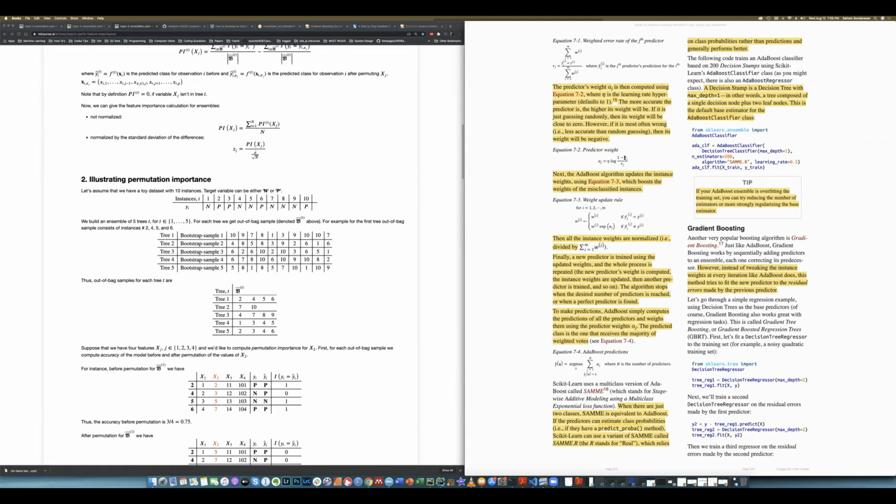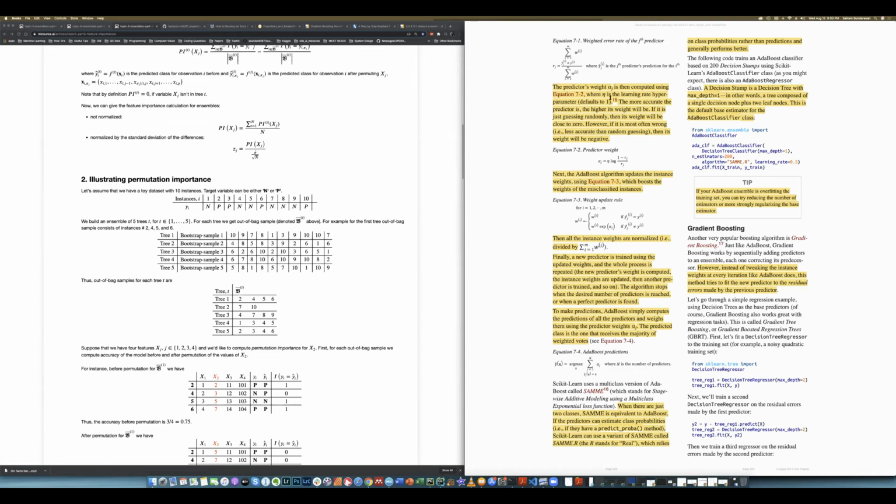Whereas if my predictor was making mistakes all the time, this would be a very small number, meaning that this predictor is weighted very small. And what's very interesting is that if it made random guesses, like it's right half the time, then r_j would be 0.5, and you'd basically be getting a weight of 0.